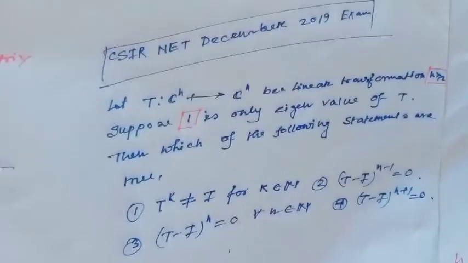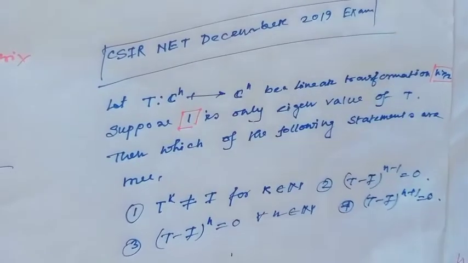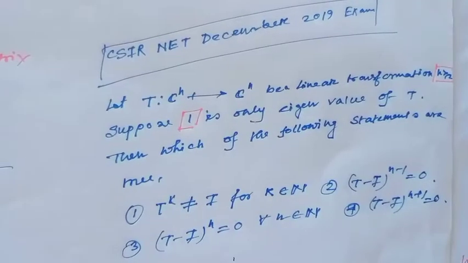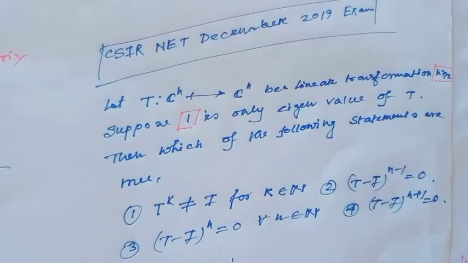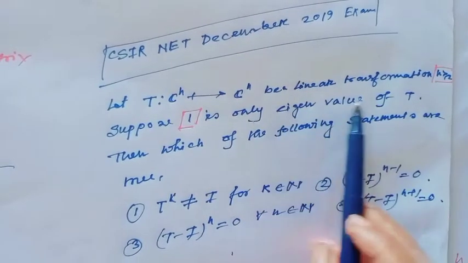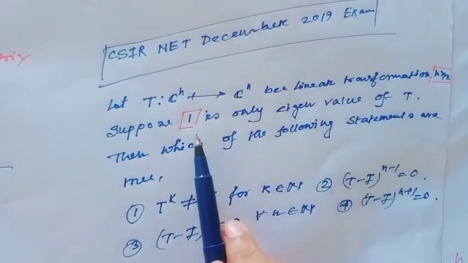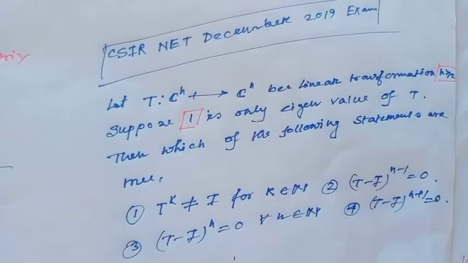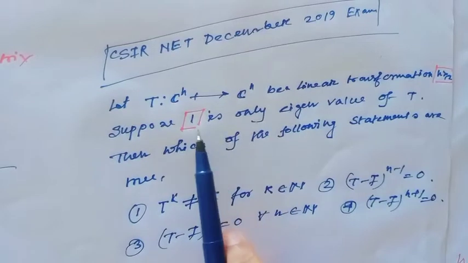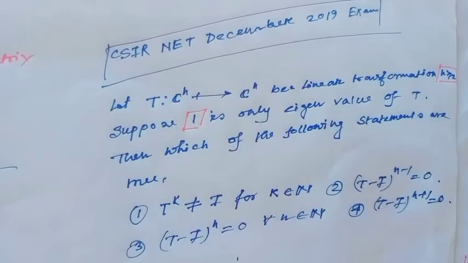This is a very nice concept. This type of question is actually very conceptual. Here we have given this linear transformation, and it has only one eigenvalue, which is nothing but 1.